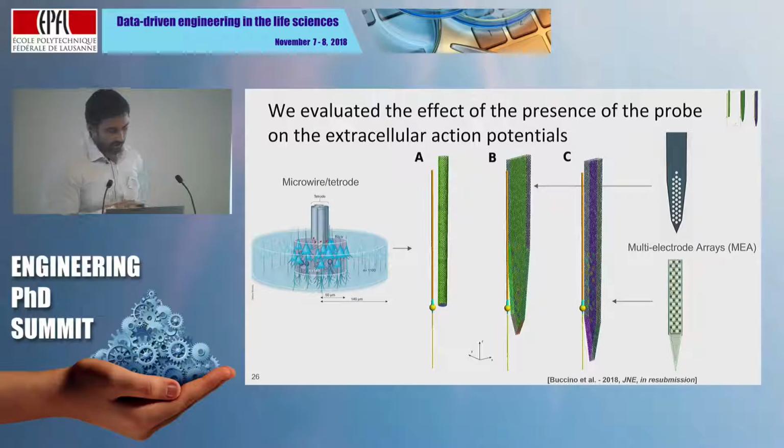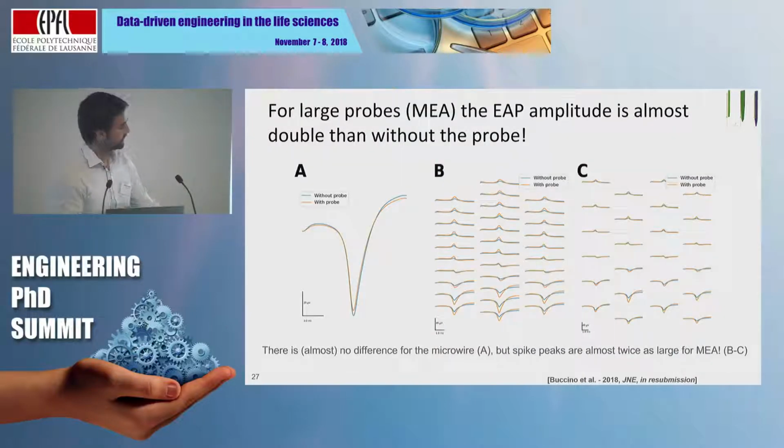And basically, we investigated the effect of three different kinds of probe: a microwire, and two silicon probes, a NeuroNexus commercially available probe and these Neuropixels probes. And what we found is that there's no difference for the microwire, for which the recording is at the tip. There is a large difference for these multi-electrode arrays. And the amplitude of the spike can be almost twice as large as the spike without the probe.